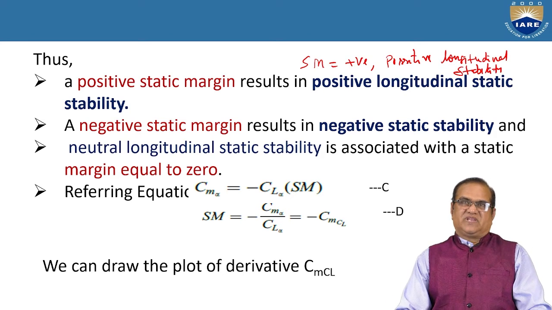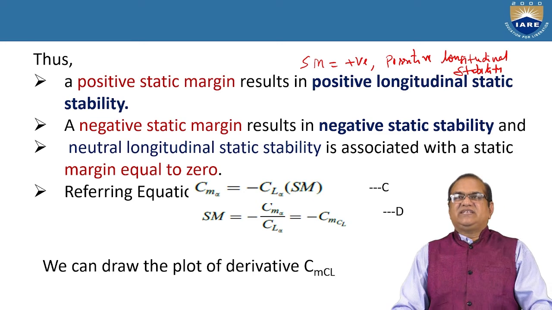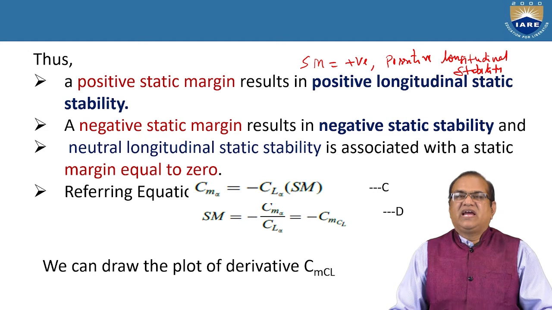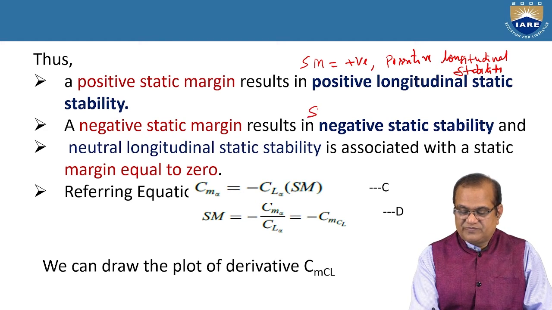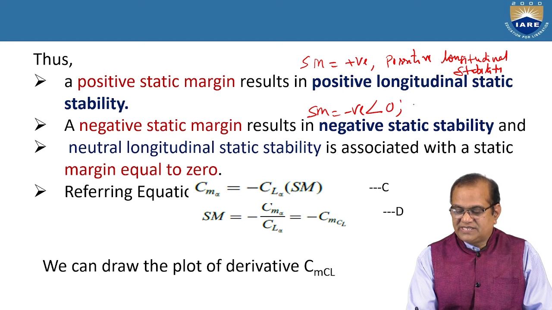A negative static margin results in negative static stability. Okay, so if you are getting SM negative or less than 0, then it is unstable.